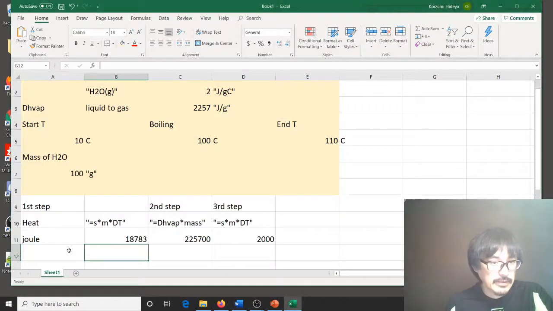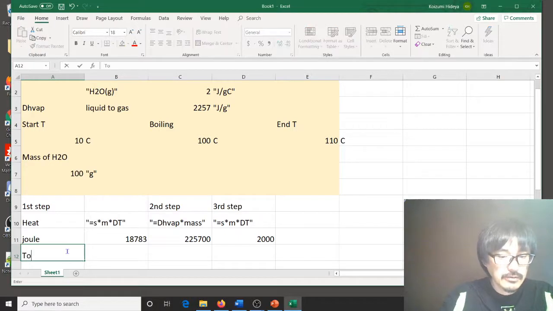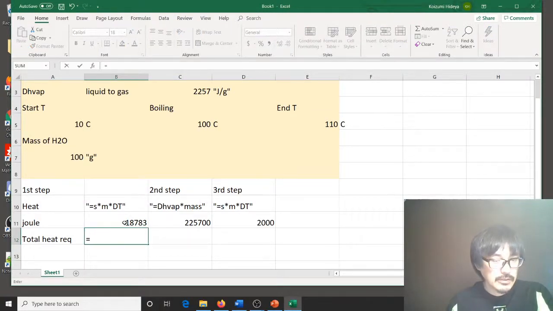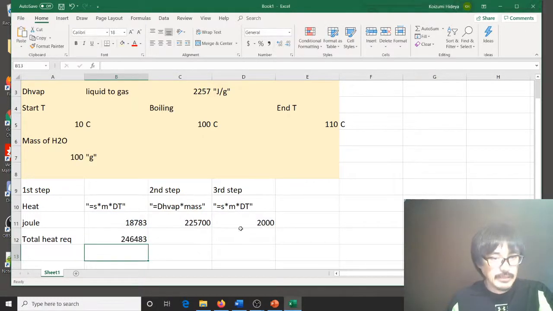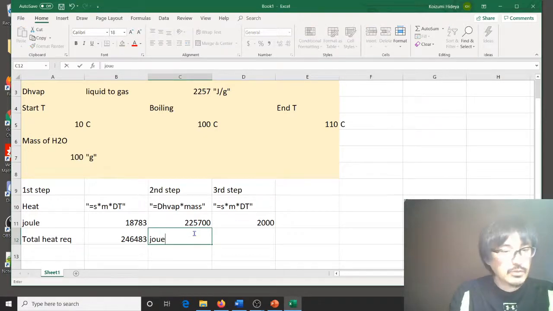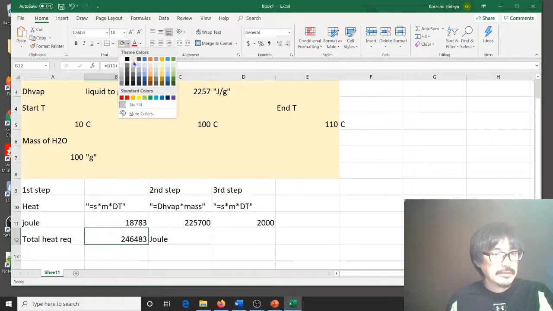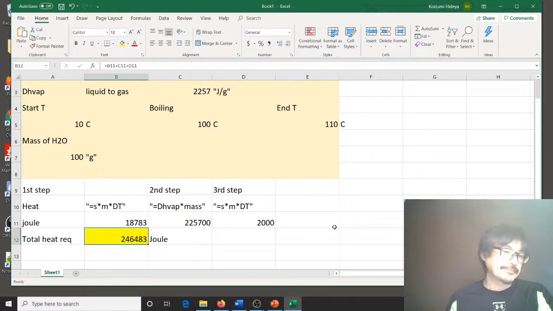So total heat required is equal to this number plus that number plus that number, and that answer is in joule. And I'm going to put these things as yellow markers on. That's my answer to the question. That's how you use the Excel.